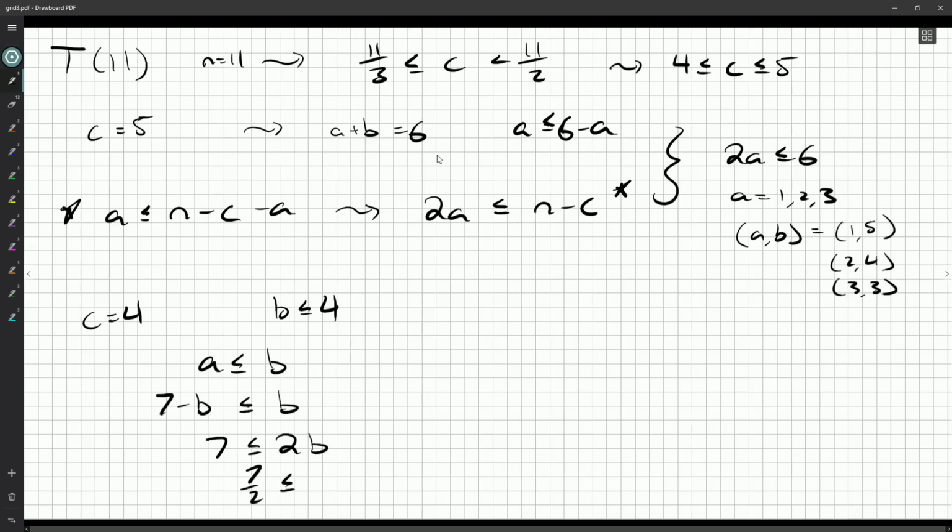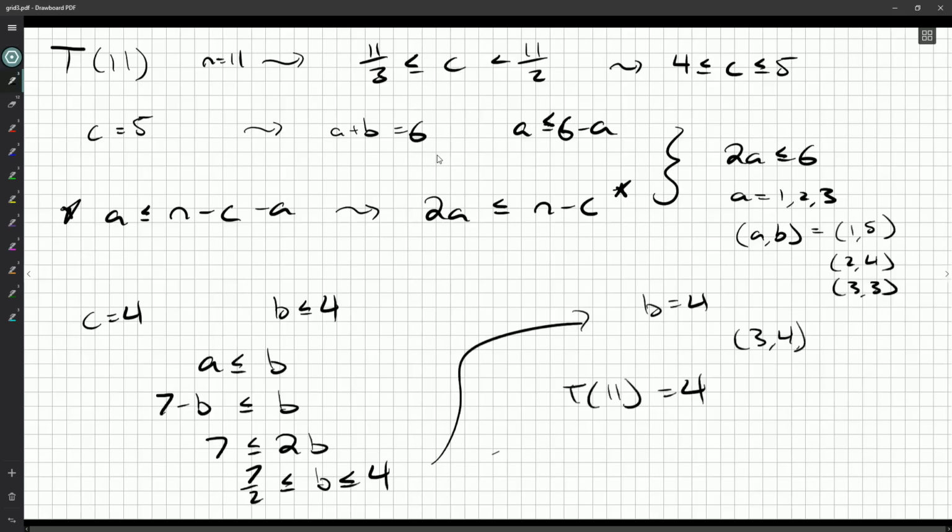So that gives me a range of values for B here. So let's make an observation about that. So first of all, that's going to mean B has to be equal to 4, so 3, 4 is the only pair AB. So T of 11 is going to be 4. We get 4 triangles, 1, 2, 3, 4.